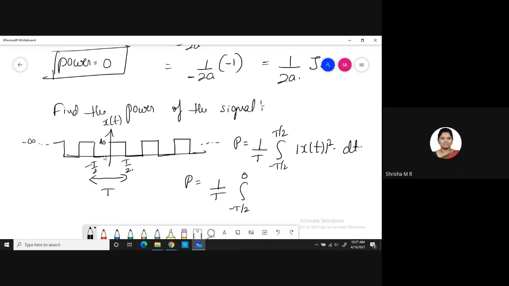You don't have any amplitude here. The signal amplitude is 0. So it's 0 square into dt plus, from 0 to T by 2, what's the amplitude? A0. So it's A0 square into dt.